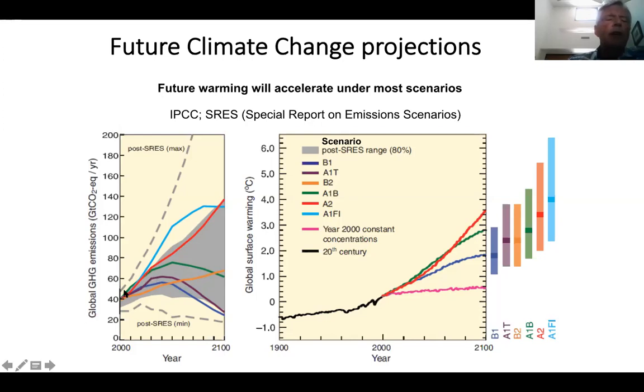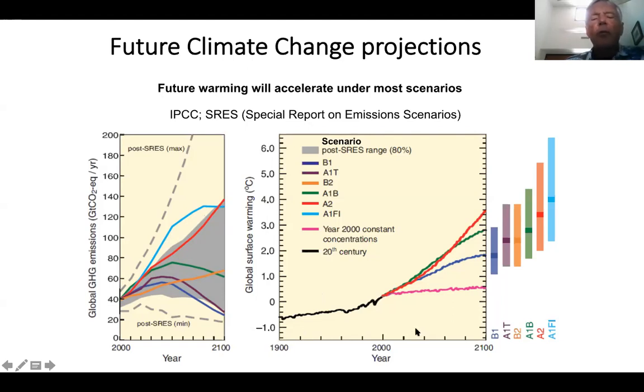The red scenario is kind of a bad news, worst case, greatly increasing scenario. And the blue one follows a similar trajectory and then finally starts to level off as we just don't have any other choice. So those are some of the scenarios for the concentrations of greenhouse gas.